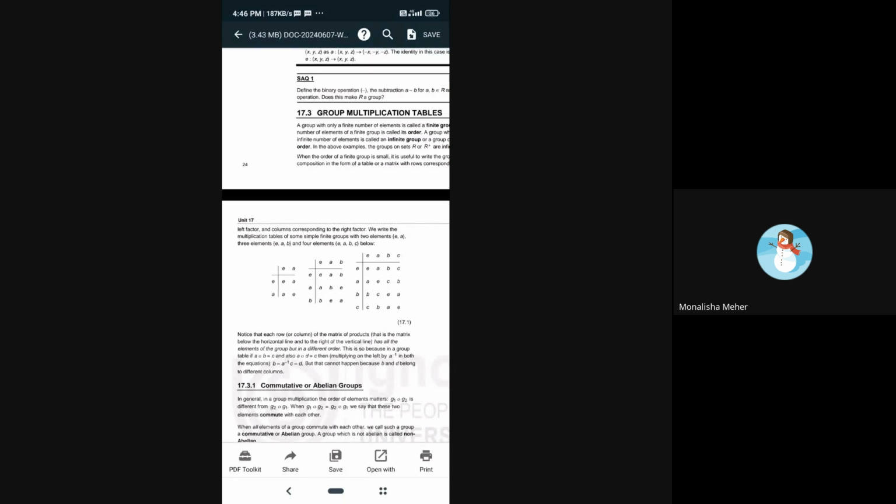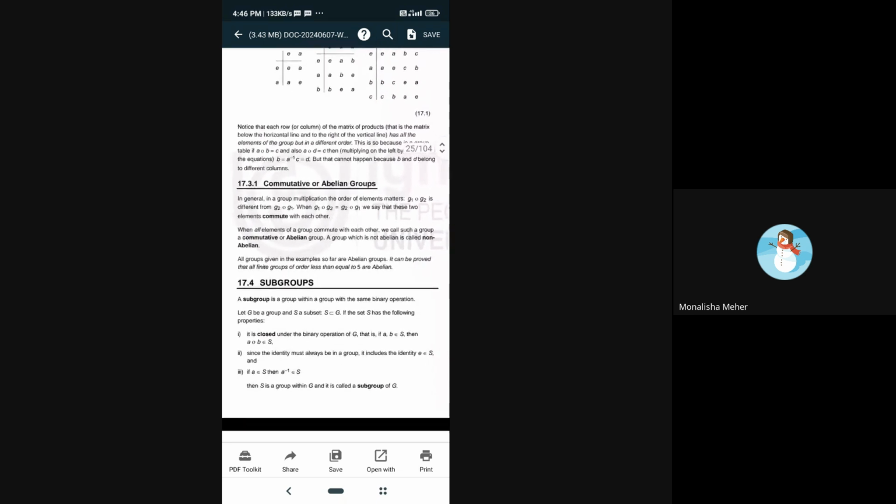Each row or column of the matrix of products, that is the matrix below the horizontal line and to the right of the vertical line, has all the elements of the group but in a different order. It is so because in a group table, if you have like this, then multiplying on the left by A inverse in both equations, B is equal to D, but that cannot happen because B and D belong to different columns.